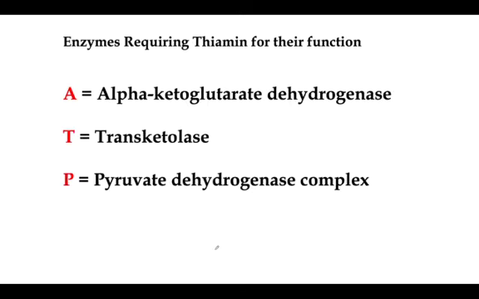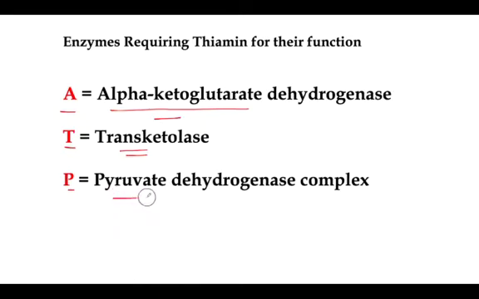Now, in the exam, often it is asked which are the enzymes that require thiamine as a cofactor for their activity, and one of the easy mnemonics to remember these three enzymes is ATP. A for alpha ketoglutarate dehydrogenase, an enzyme that participates in the TCA cycle. T for transketolase, as I mentioned previously, an enzyme in the pentose phosphate pathway.